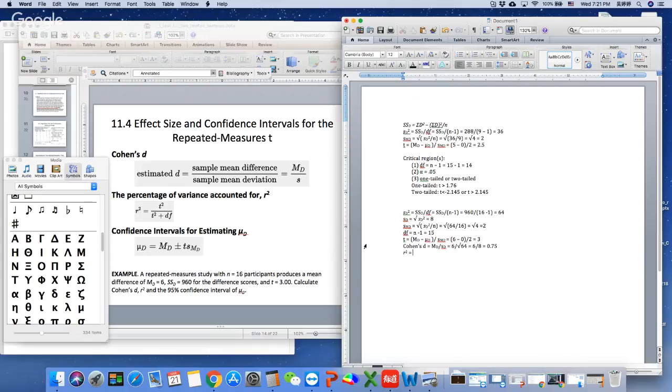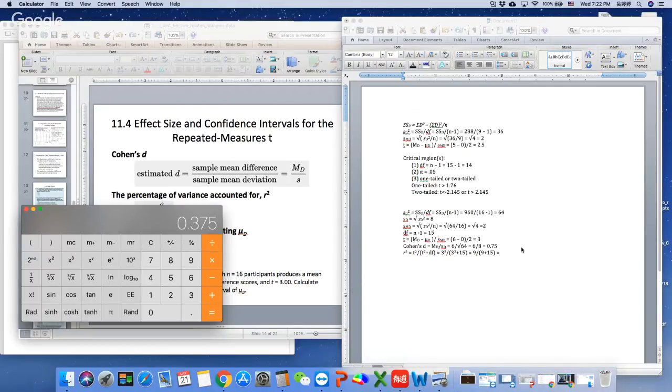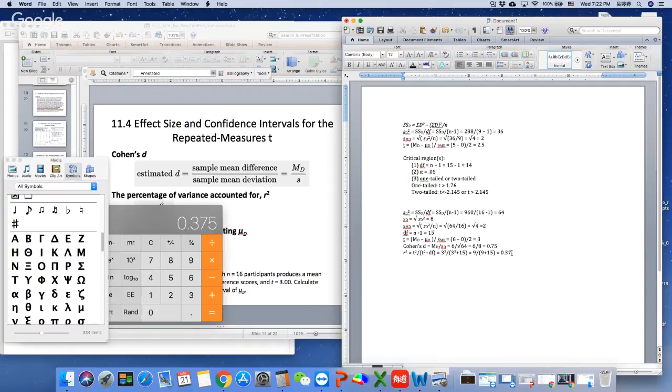We know that t equals 3, so R square equals t square divided by t square plus df, which is 3 square divided by 3 square plus 15, equals 9 divided by 9 plus 15, equals 9 divided by 24, which is 0.375.